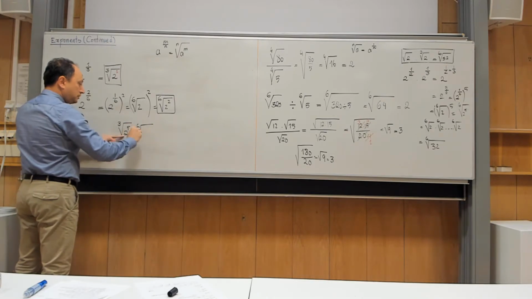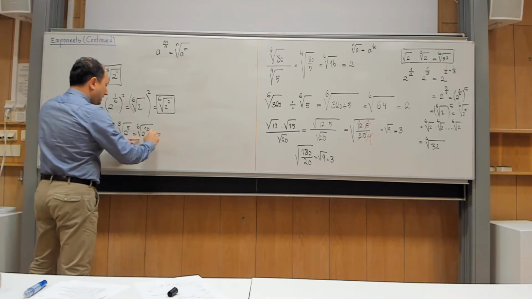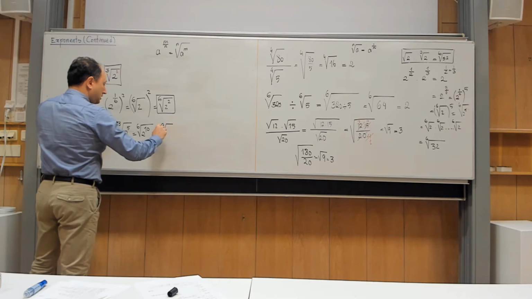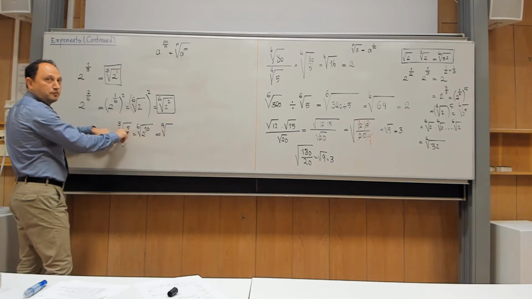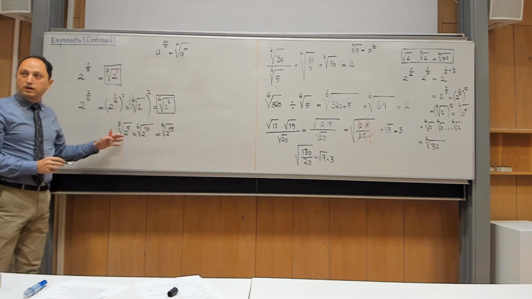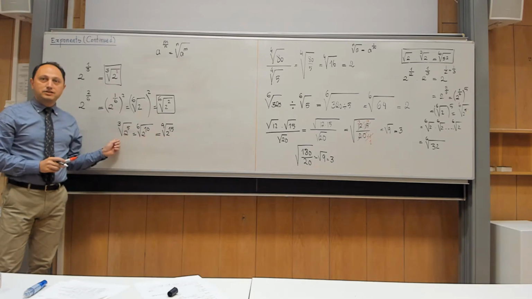I have to multiply this by 2 and write 10. But if I want to, I can multiply this by 3, write it 9, and then I have to multiply 5 by 3 and write it 15. I can do whatever I like to. All these numbers are exactly the same.